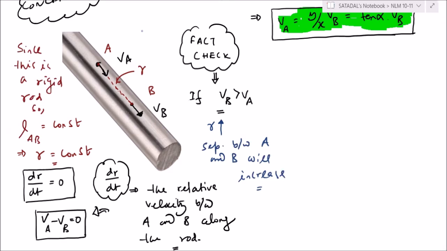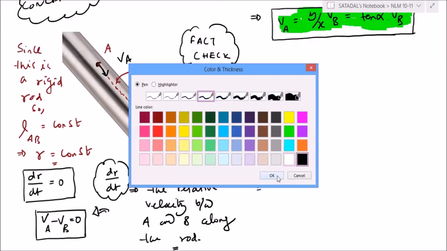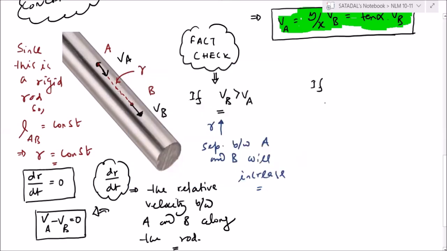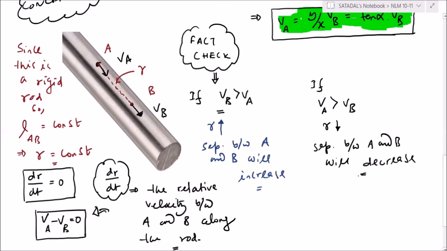This is fine, right? If it is opposite, if VA is greater than VB, then R will decrease. It means the separation between A and B will decrease. Is that okay?